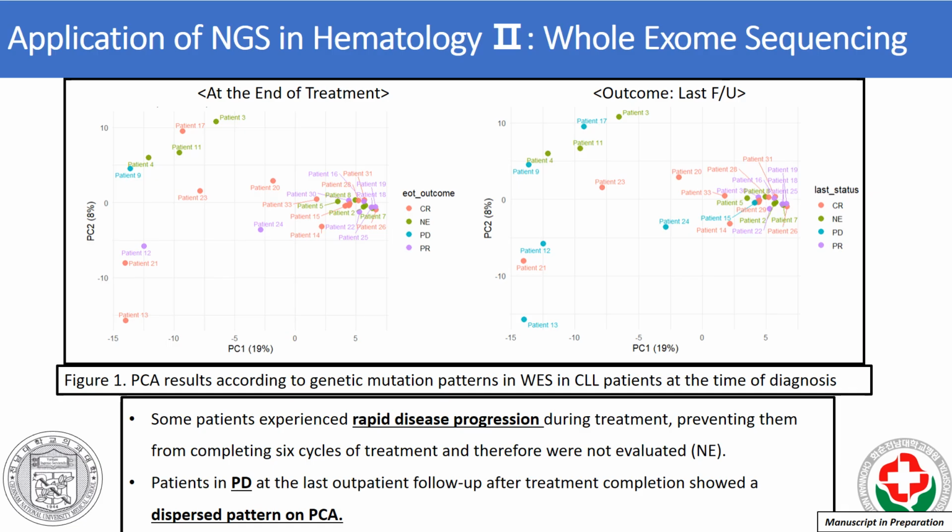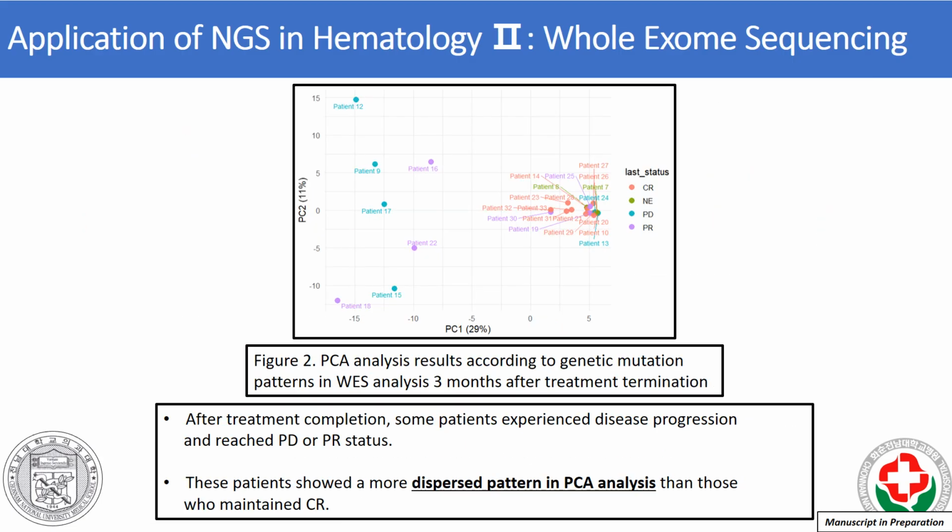Some patients experienced rapid disease progression and did not complete the 6th cycle of treatment, depicted here as NE, not evaluated. And patients who had relapsed tended to show a more scattered and heterogeneous distribution in PCA.